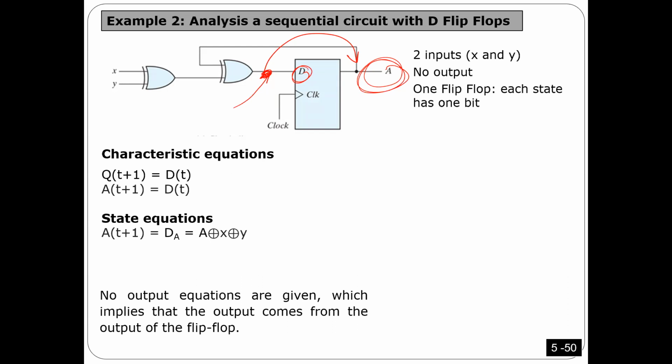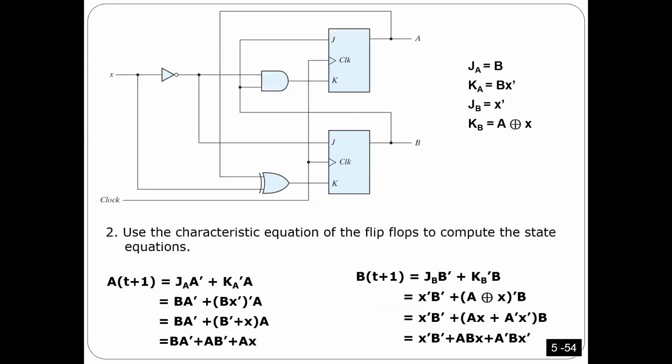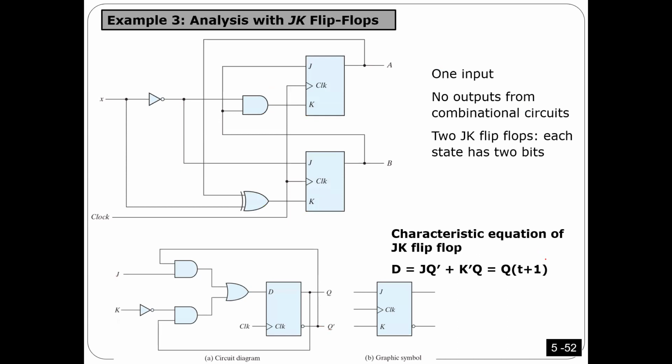But now this is not the case, because in the JK flip-flop, the output does not equal the input. However, there is a characteristic equation, and this is the only difference. If you go back to the slides of the JK flip-flop, I told you the JK flip-flop is equivalent to all of that. If I have a D flip-flop, I add this part here to create a JK flip-flop.